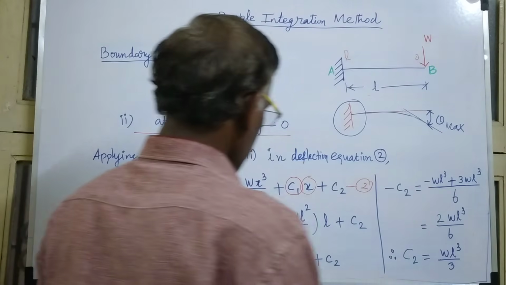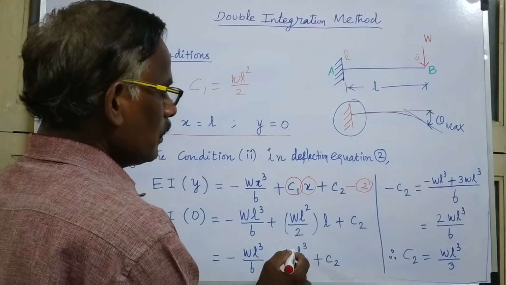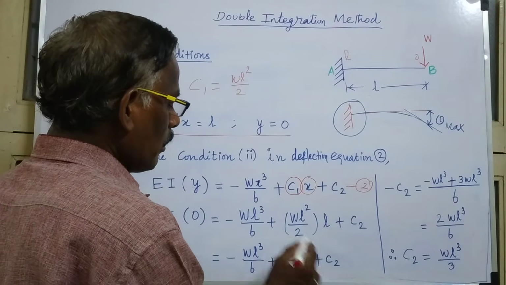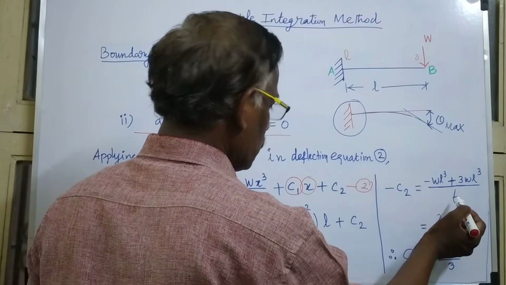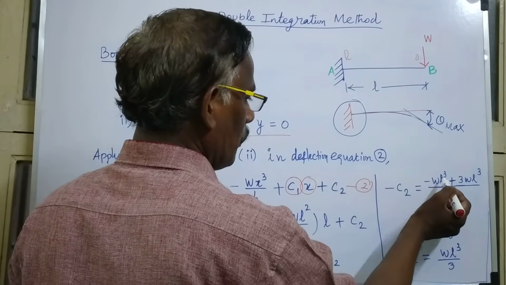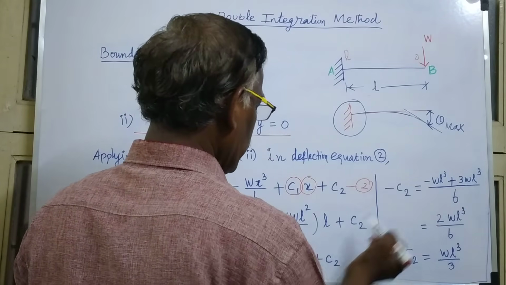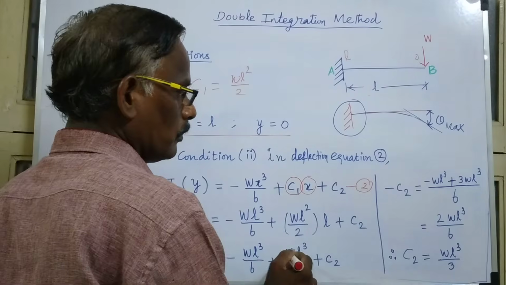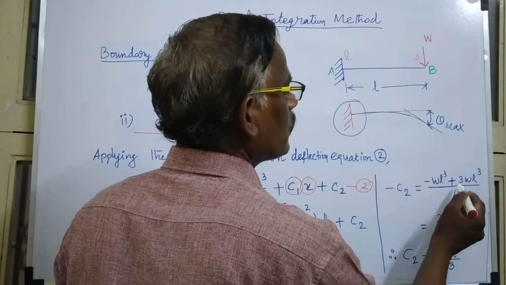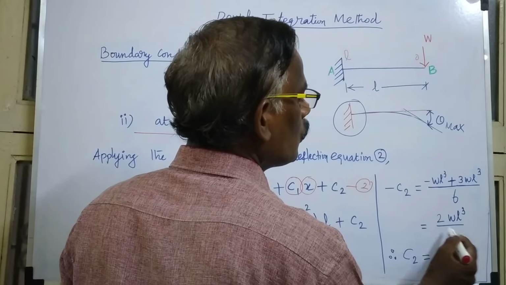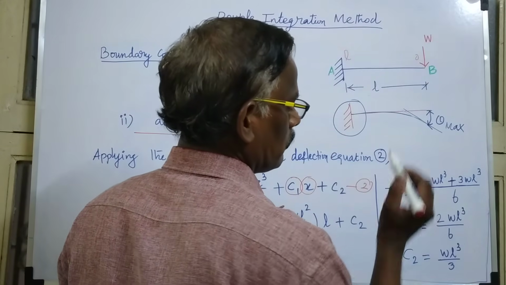Here minus wL cube by 6. Taking common to these terms, it becomes a denominator 6. Then wL cube plus 3wL cube. So simplifying this, we will get 2wL cube by 6.